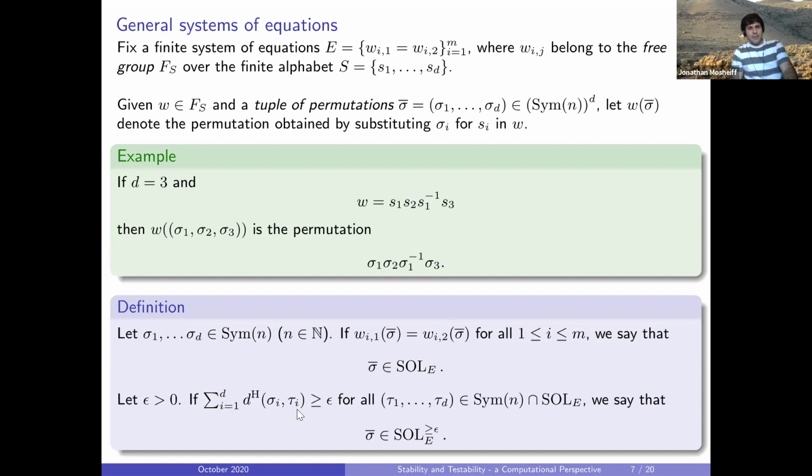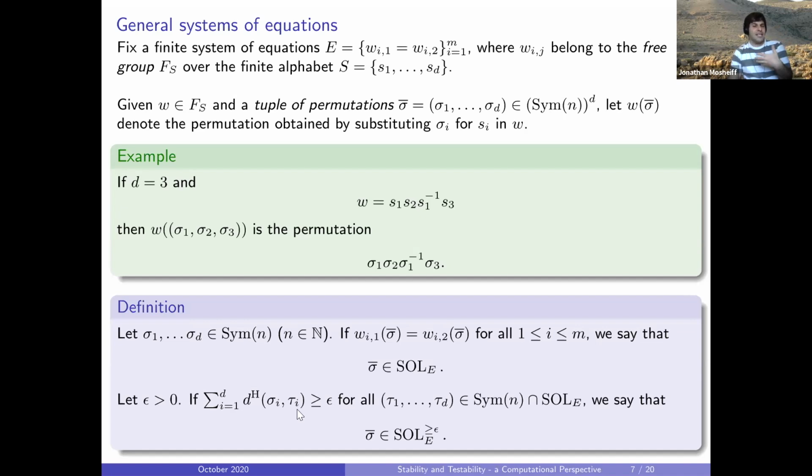And as before, we're going to say that a tuple of permutations is epsilon far from being a solution if for every solution tuple, the sum of distances of sigma 1 from tau 1 and sigma 2 from tau 2 and so on is at least epsilon, the distances in the Hamming distance. So this is a general way to write a system of equations in permutations, and now we want to ask the same question.